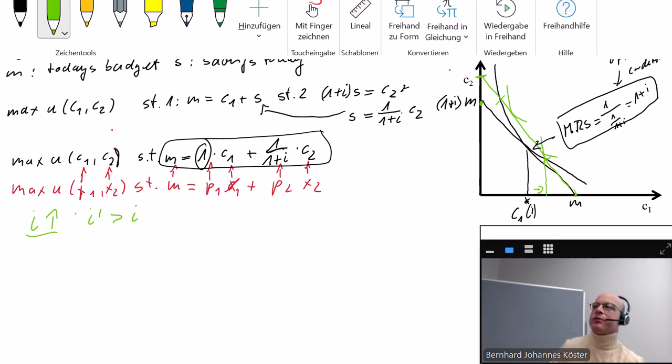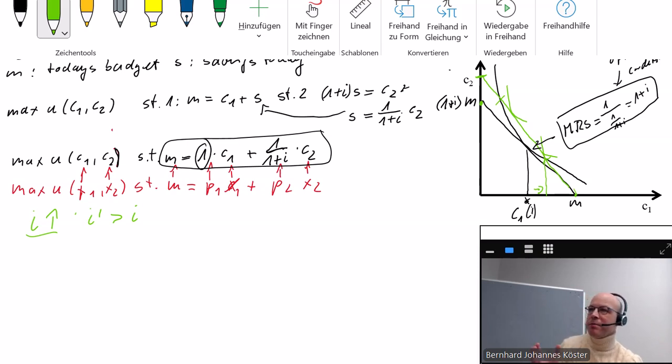If now the interest rate is increasing, this means I have to put less away today, maybe only 180 euros, since due to an increase of the interest rate this provides me the same possible value for consumption in the future.